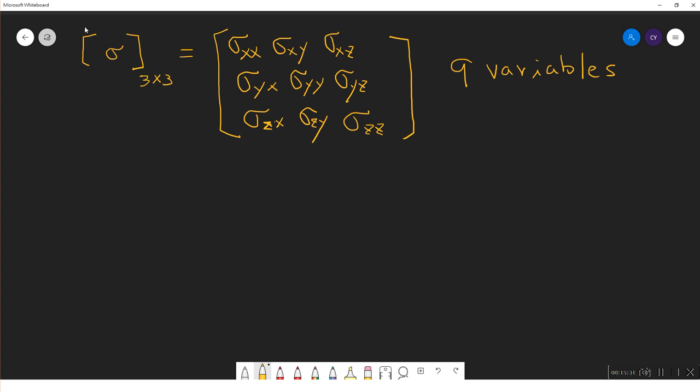The definition, we say sigma. Okay, sorry, I think it's not easy for you to understand, so we may change. We say sigma xy, for example.